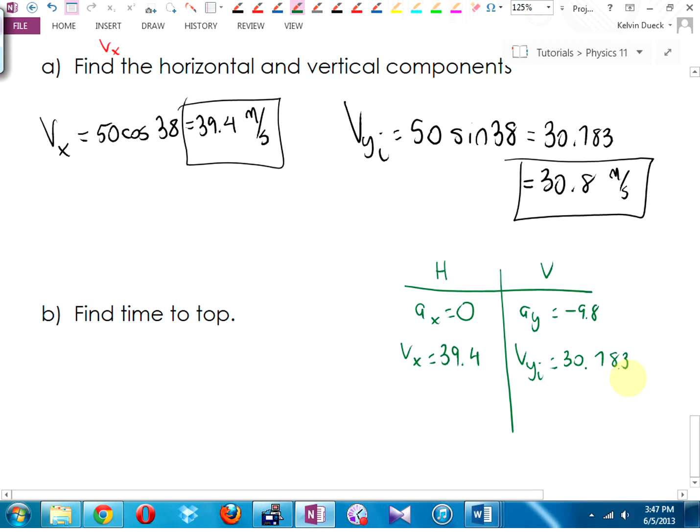That's not enough. There must be something else. Okay. Can you read B to me, McKenna? Time to the top. I'm thinking vertical, right? Top, and Y final equals 0.